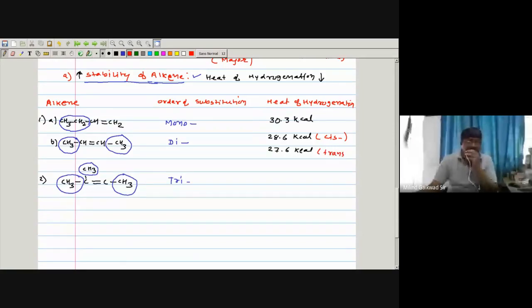The heat of hydrogenation of the mono is 30.3, so the difference is about 0.3 kilocalorie.